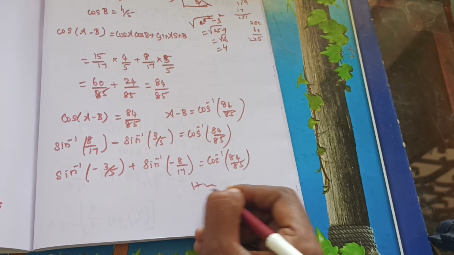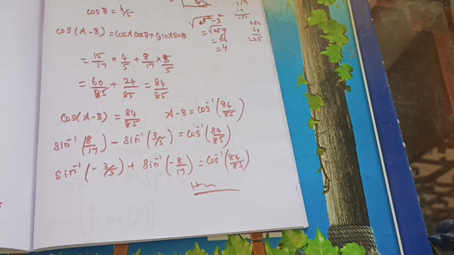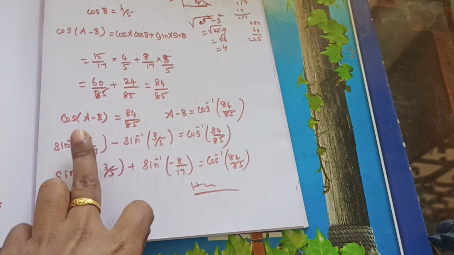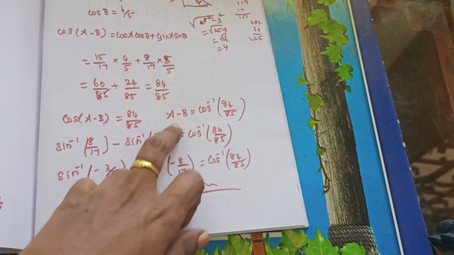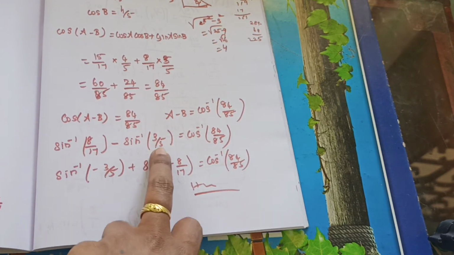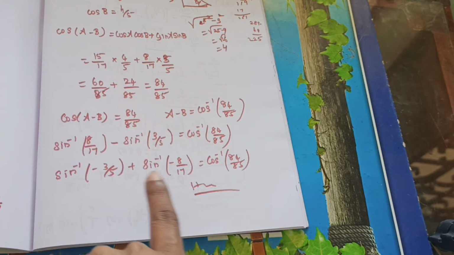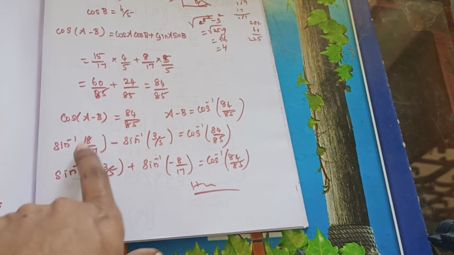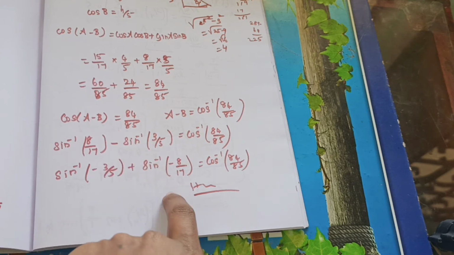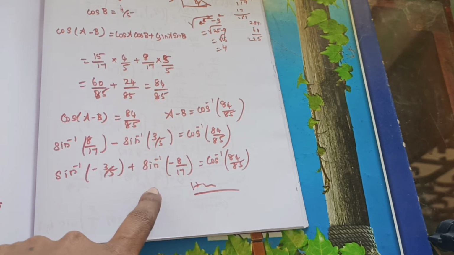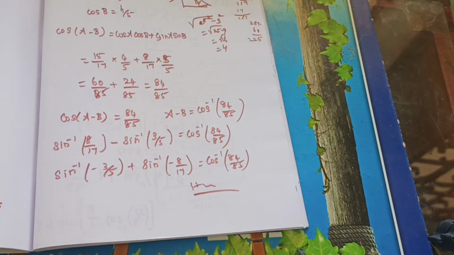So hence, understand? So it is cos of A minus B. Is it right? Now I am considering this reverse part. So like this, when you take it also, you will get the same answer.